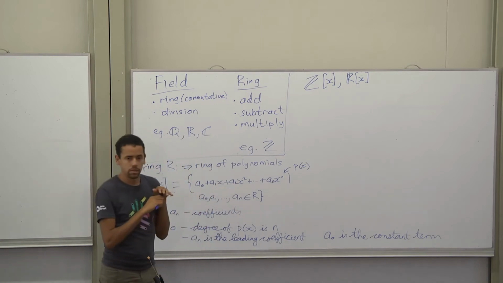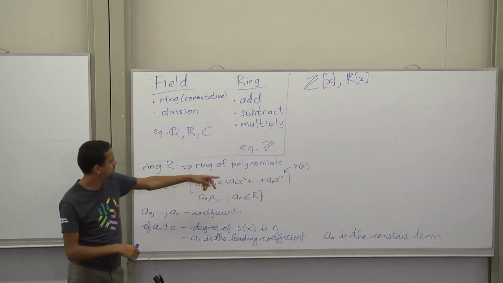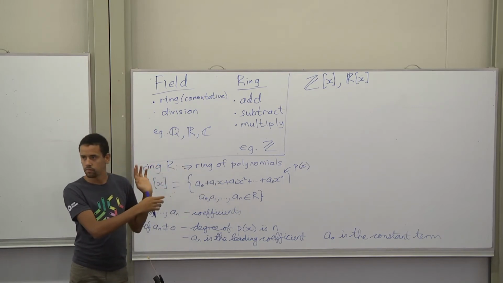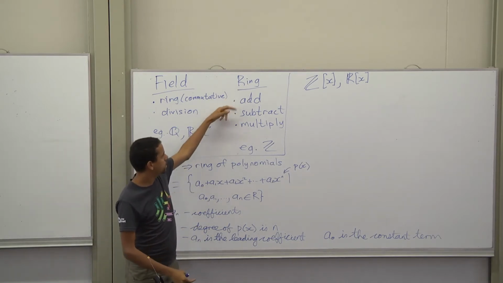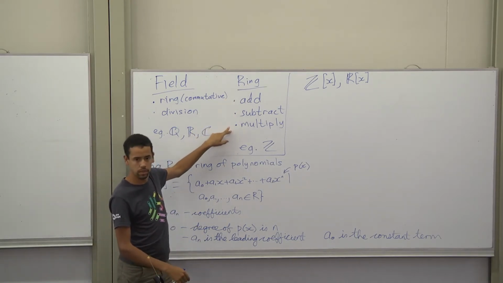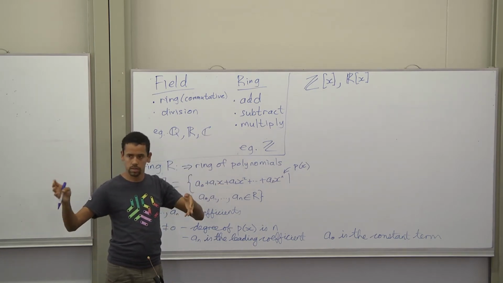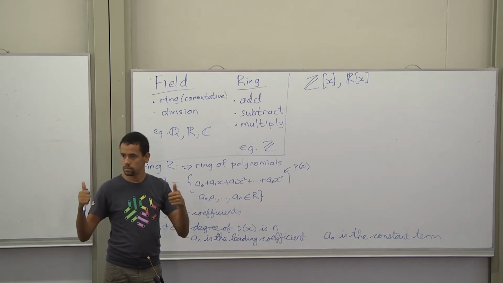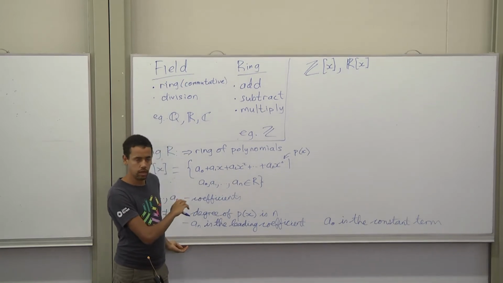Now, I called this a ring. I've been saying that the set of polynomials with coefficients in another ring is itself a ring. In order for it to be a ring, I need to be able to add, subtract, and multiply polynomials. I'm sure you guys know how addition, subtraction, and multiplication of polynomials works. Yes? Good. So this is in fact a ring.